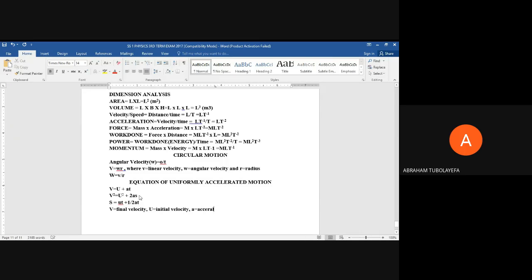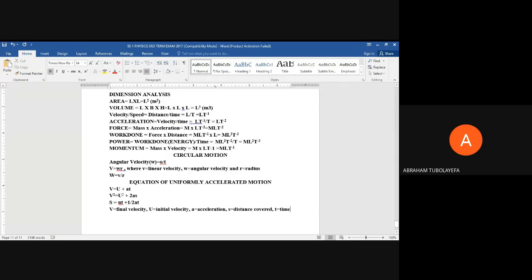A is equal to the acceleration. S is equal to the distance covered. And T is equal to the time.